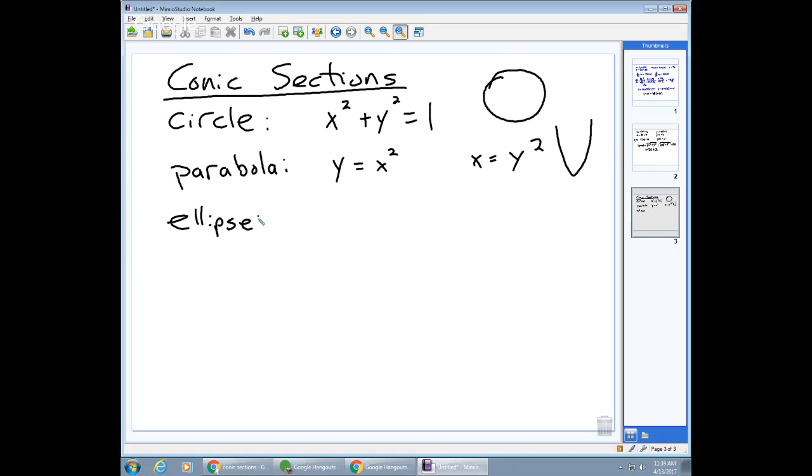Now, sometimes we use the word oval when we're talking about shapes. Oval is kind of a pretty generic term. Ellipse is a kind of oval, but there are many curves that are oval-like that aren't ellipses. Okay. So an ellipse would be something like x squared over 4 plus y squared over 9 equals 1. And so that one would be kind of elongated vertically.